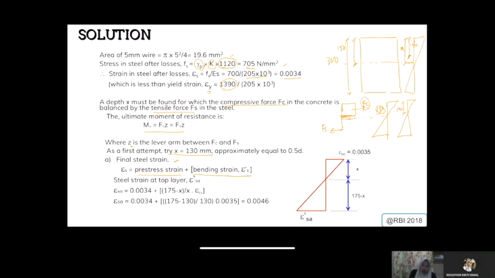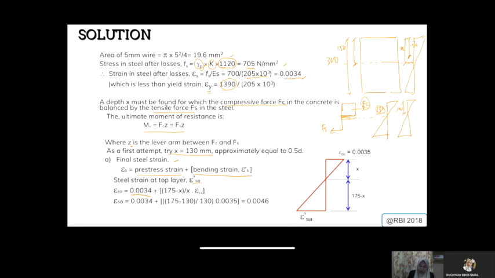So the steel strain at top layer, I mean the strain dash SA, will be like 0.0034. Where do we get the 0.0034? It's coming from the tendon pre-stress strain, plus the bending strain, which we are considering.